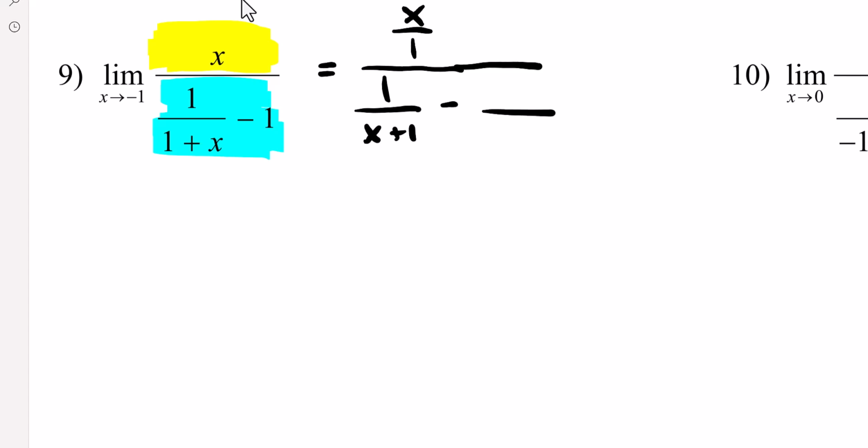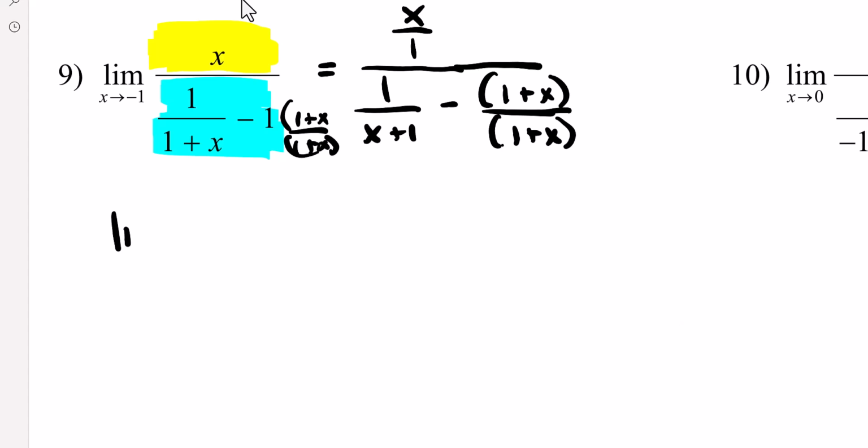We're subtracting 1. But instead of 1, we want them to have the same denominator. Well, you'd multiply top and bottom by 1 plus x. So this would get a 1 plus x. And that makes sense. 1 plus x divided by 1 plus x, assuming that x is not -1, those cancel out to 1. So we're in good shape there.